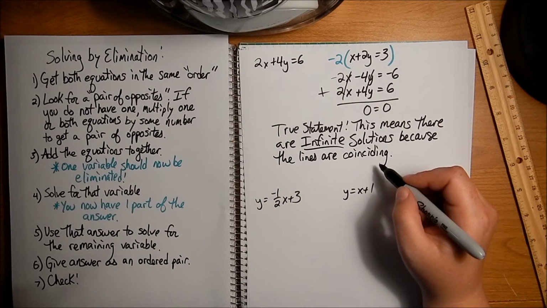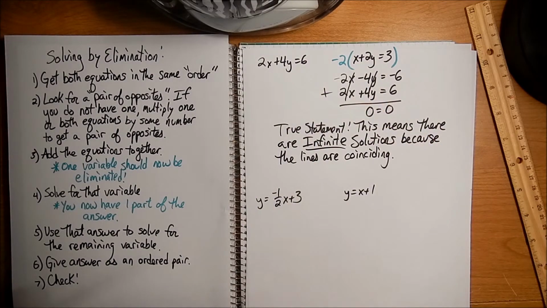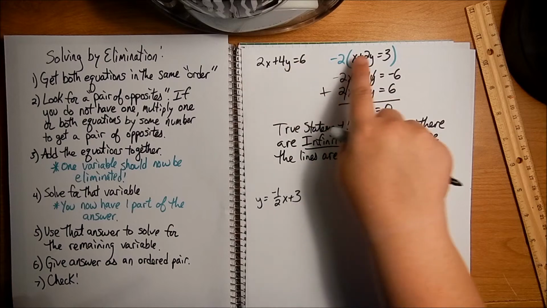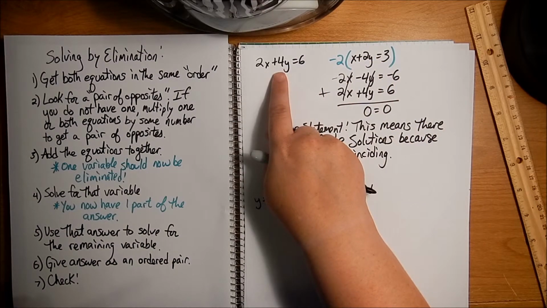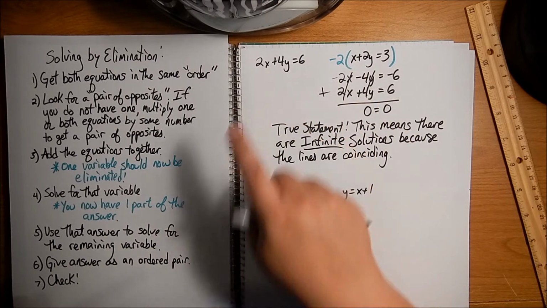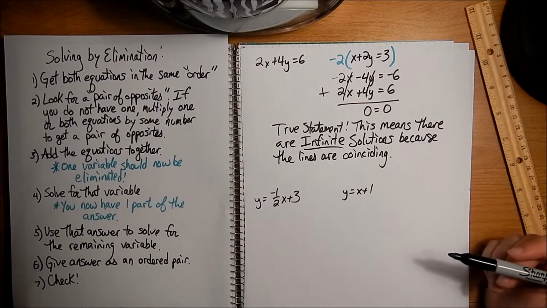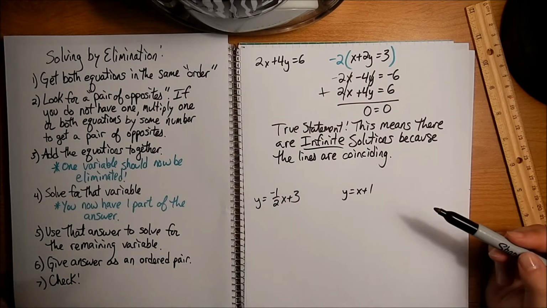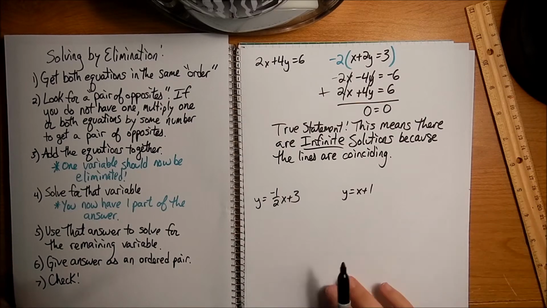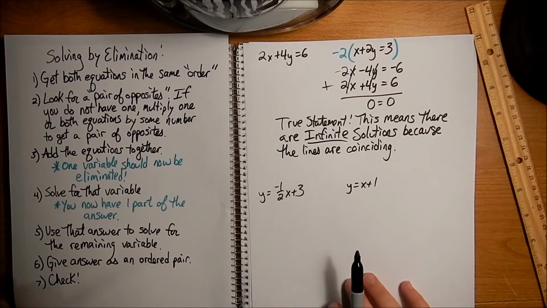Same slope, same y-intercept. So you could rewrite these in slope-intercept form and realize that, yep, they are in fact the exact same. Actually, just look at the two originals. If I just took this one and multiplied it by a positive 2, don't I get exactly that? So they are certainly the exact same. So whenever we have that, there's infinite solutions. The lines are coinciding. Okay?